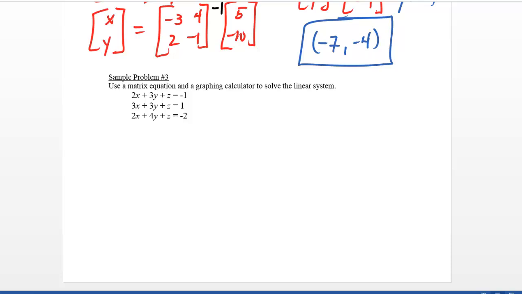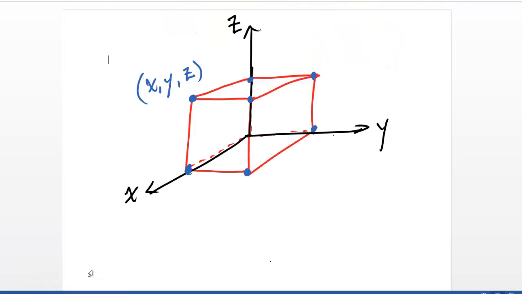Now let me give you a good simple visual example of where 3 variables would be used. If you look at this picture here, we have an x and a y axis, but we also have included a z axis, and this gives us the opportunity to create 3-dimensional figures and then plot those points.